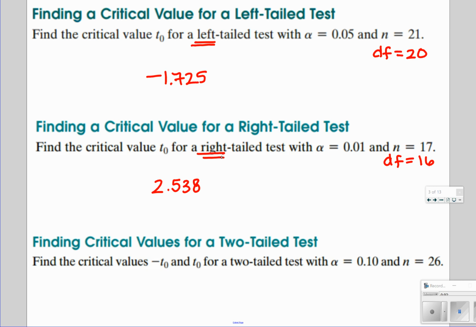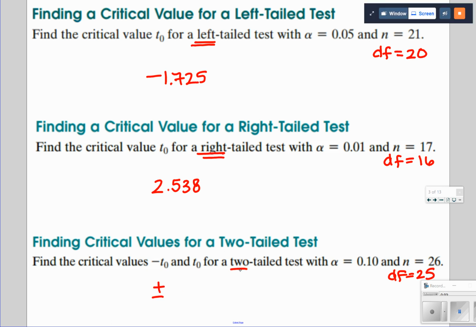Okay. Last but not least, two tail test. So n is 26, which means my degrees of freedom are 25. Okay, so this time you're going to use the row that says two tails. Go over to your level of significance, 0.1, which is the second column, and then go down to 25. 1.708.